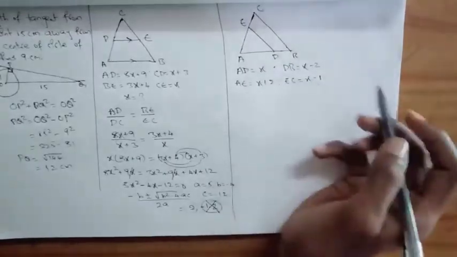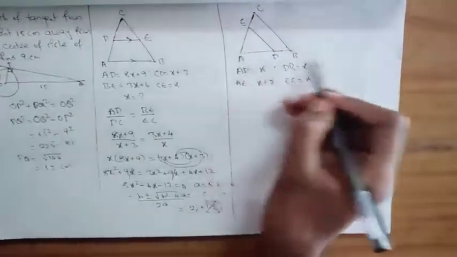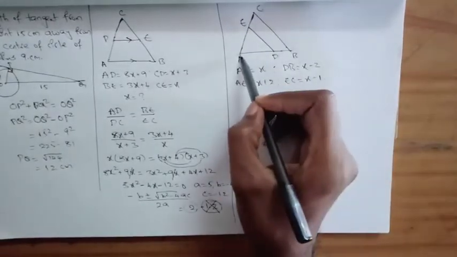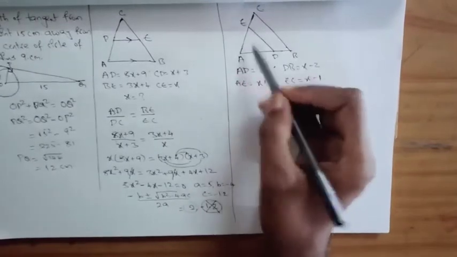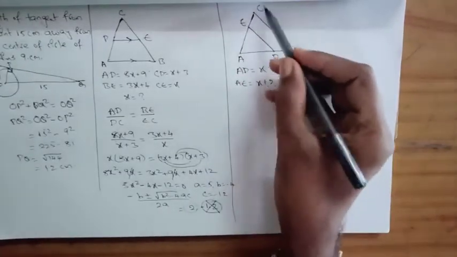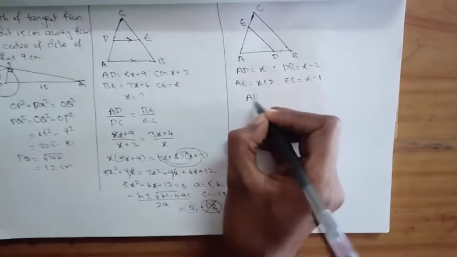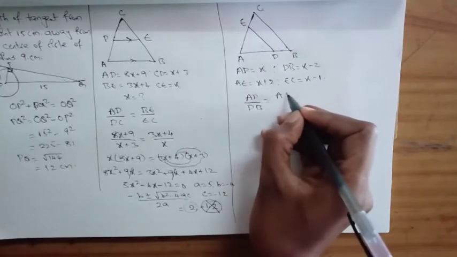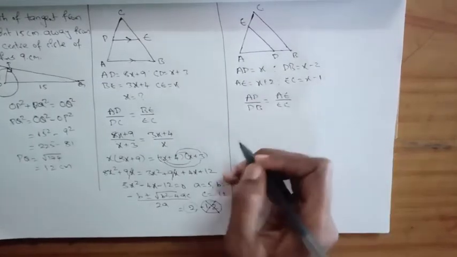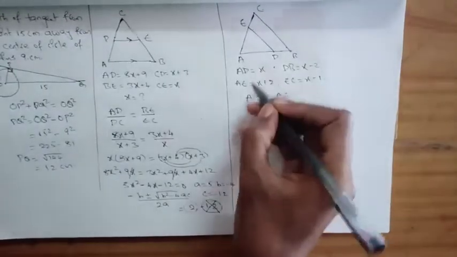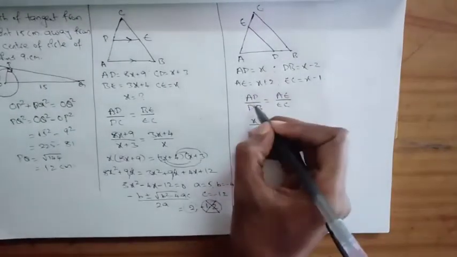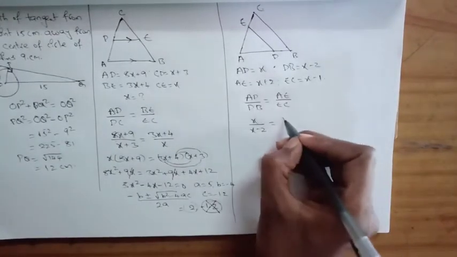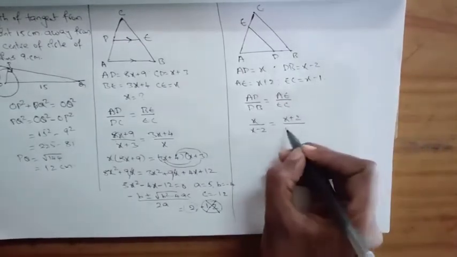In this problem, we are asked to find the value of x in this triangle. By the similarity property, we can write AD by DB equals AE by EC. If we substitute these values, AD is x and DB is x minus 2, and AE is x plus 2 and EC is x minus 1.